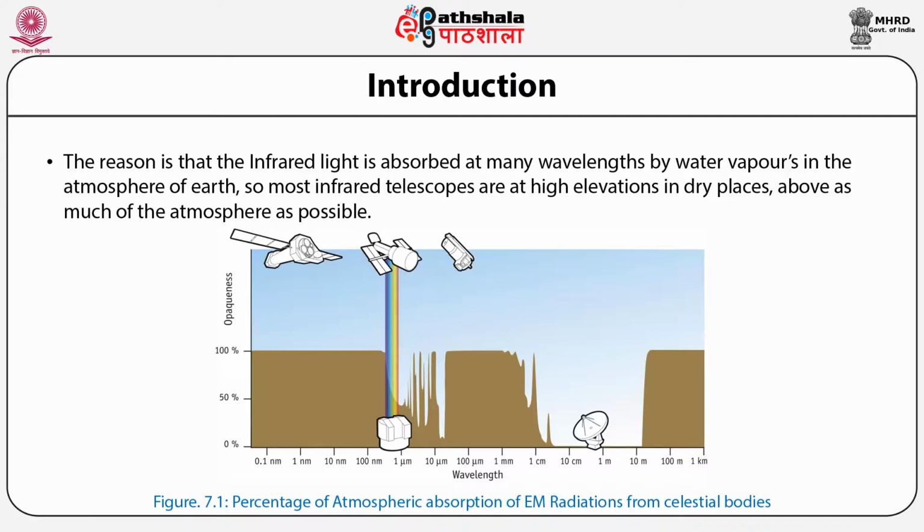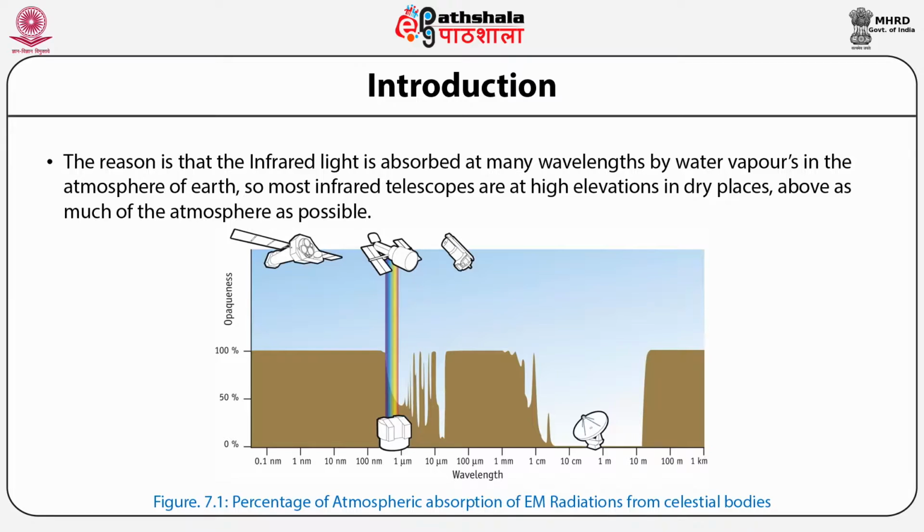The radiations, meaning the light coming from different sources, have to pass through this atmosphere. Of course, very high energetic radiations like gamma rays, X-rays, and even ultraviolet radiation are prevented by the Earth's atmosphere.